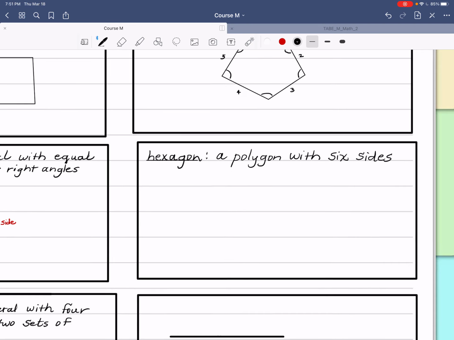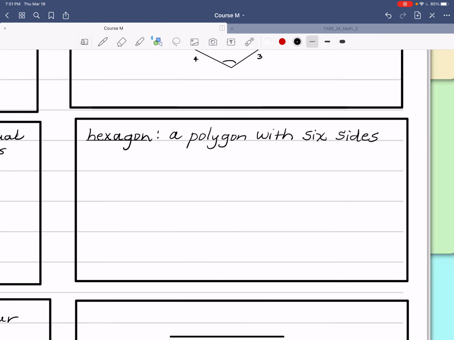So let's see what we can do with this one. I'm going to do one up here and one down here. So there's 2 sides. 3, 4, 5, 6. It's not very pretty, but that's okay.